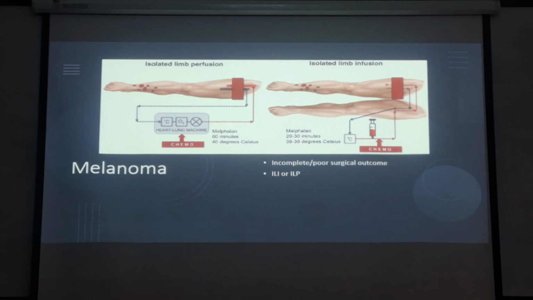Chemotherapeutic drug is then instilled into that extremity, and then a tourniquet is applied to cut off the circulation. For isolated limb perfusion, the patient is connected to a perfusor or a heart-lung machine, so it can stay there for a longer time. But for ILI, no. You can only do it for a short period of time, which would be less than 6 hours. Okay?